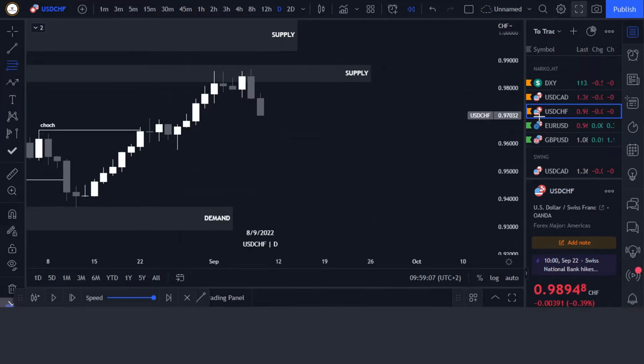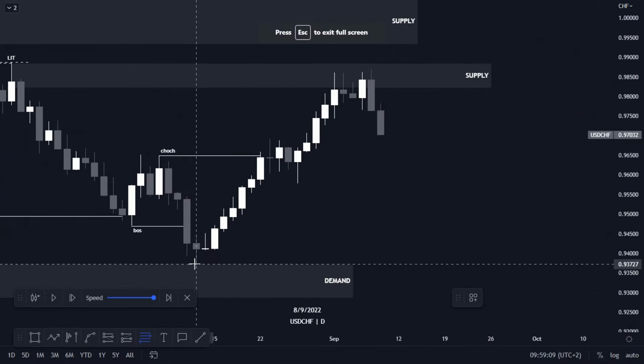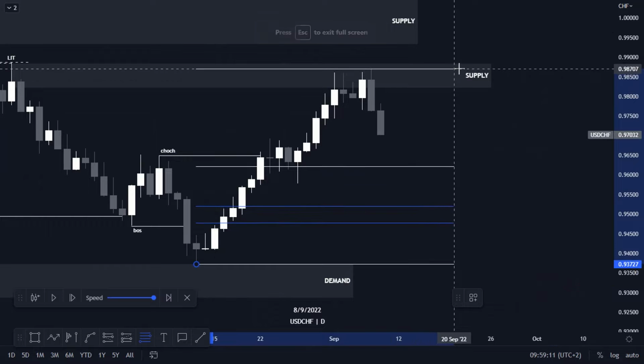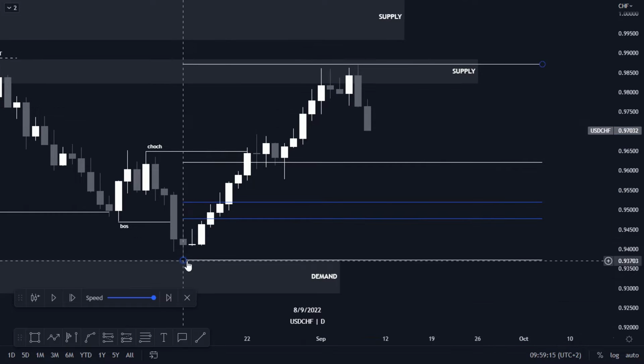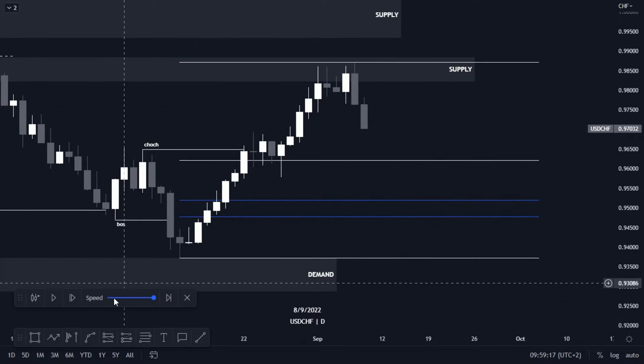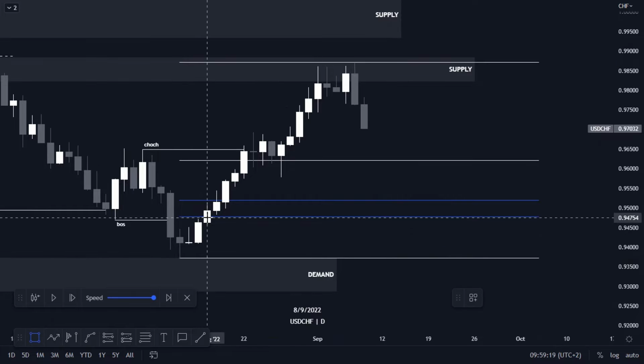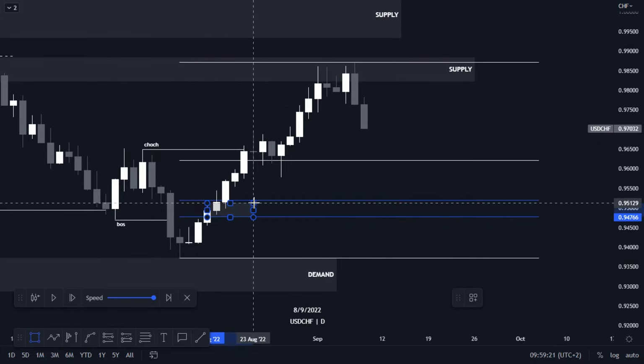Okay, my fib level here, and I'm going to mark my low and my high, and initially I'll use this demand level here.